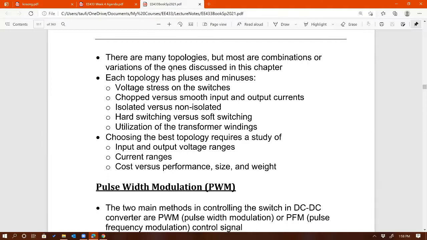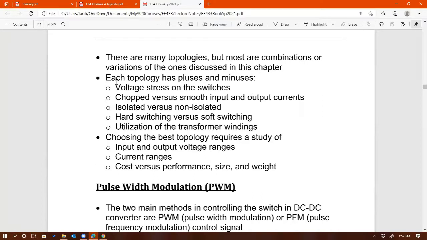Okay, so that's the last consideration that I have in this list, and in this chapter, we're going to focus on this last bullet. In EE410, EE411, as well as this class, we only consider what we call inductor-based DC to DC converters, meaning we use a magnetic component as the main energy storage.